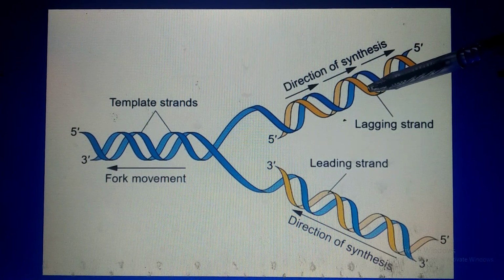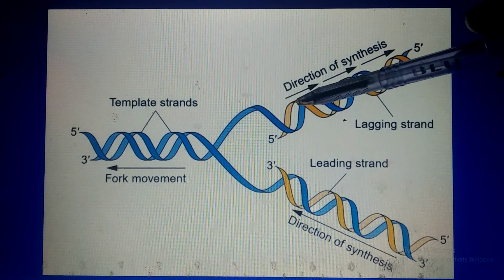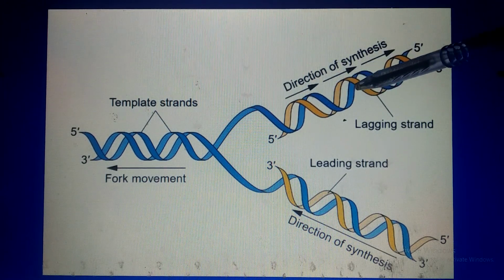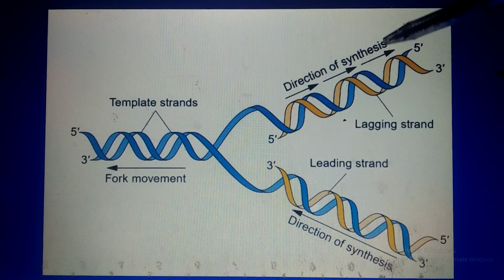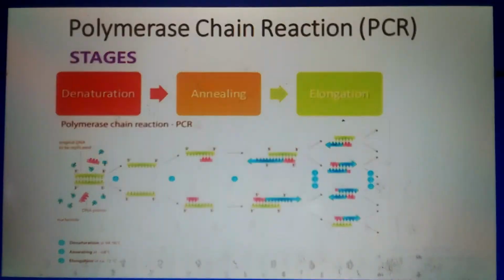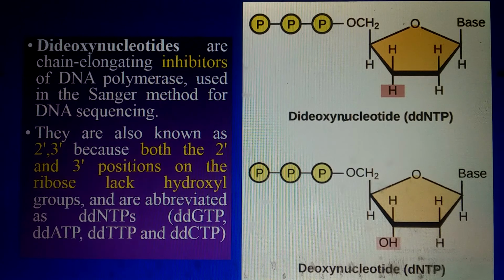Then what will happen when the dideoxy attaches at any point along the single stranded DNA? It will stop or terminate the formation of the DNA. Is it clear? So that's why Sanger used the dideoxyribonucleotide, and the reaction is known as the chain termination reaction.